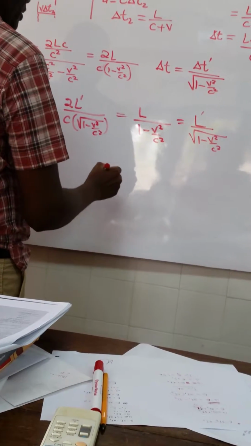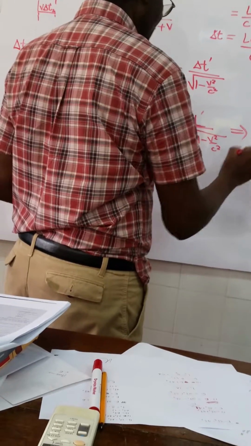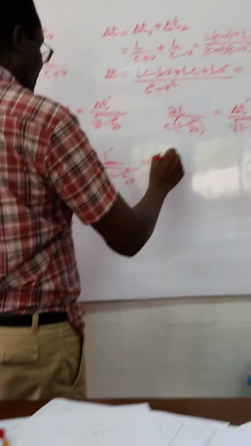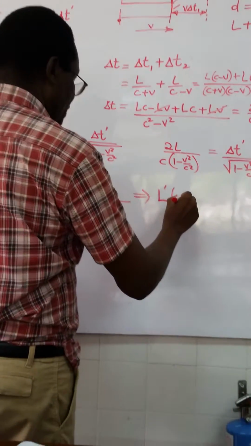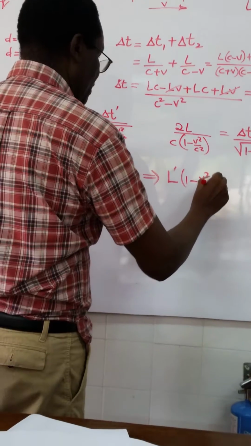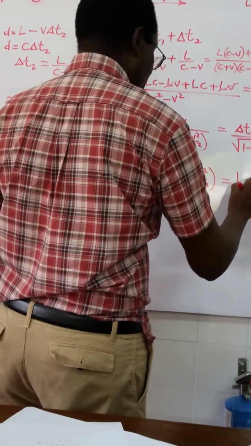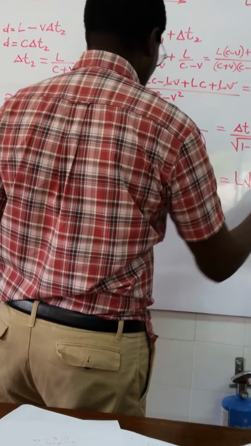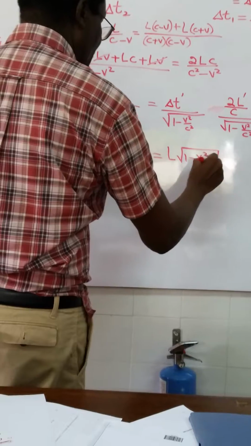Cross multiply and this implies L prime times 1 minus v squared over c squared is equal to L times the root of 1 minus v squared over c squared.